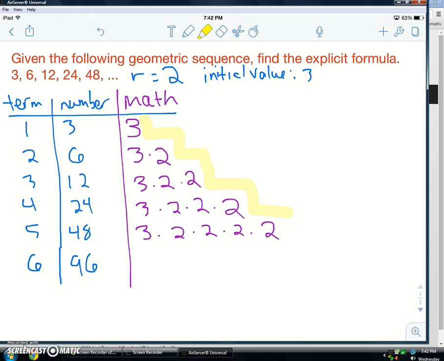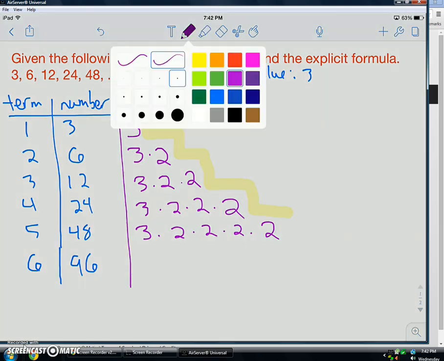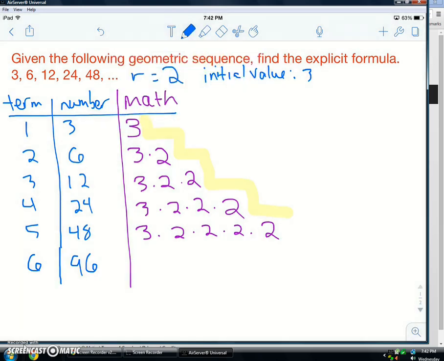pretty cumbersome. Because, suppose that you wanted to really make things interesting and jump out to the 10th term. And the big question is going to be, all right, what is that 10th term? One thing you could do is just sit there and multiply by 2 until you get up to 10.